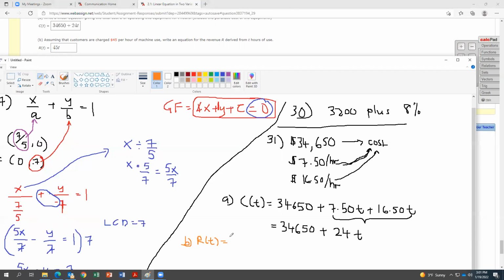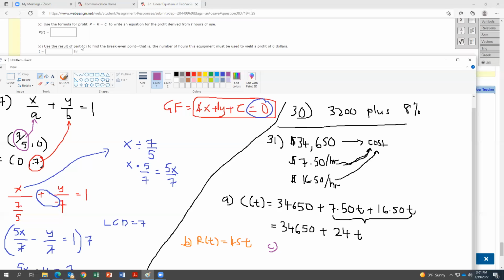Next, question C. Question C is asking us to find the profit. In order for you to find the profit, you have to take the revenue minus the cost.